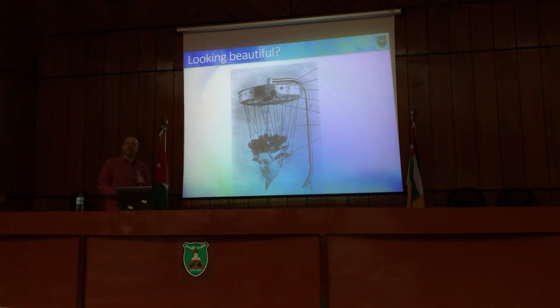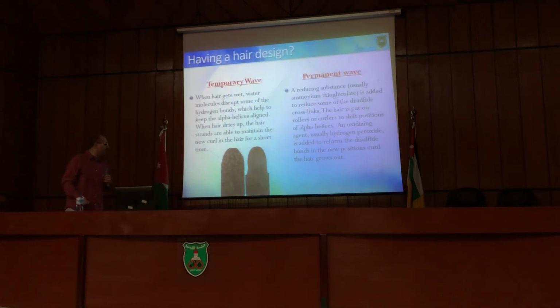So that's the idea, is that with a perm, you have smooth hair, reoxidation of the disulfide bonds, it becomes wrinkly, or if you have wrinkled hair or wavy hair, it can become smooth again by breaking the disulfide bonds, and this is the perm. That's what we call a perm. Okay? So that's biochemistry in real life.